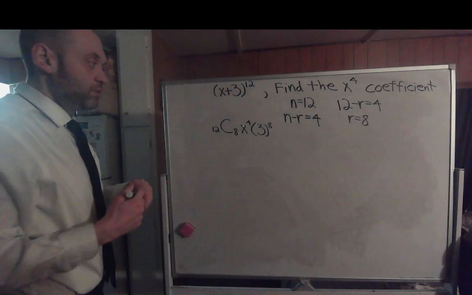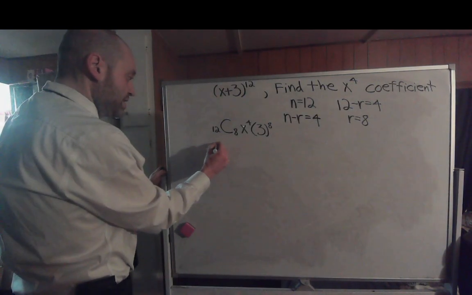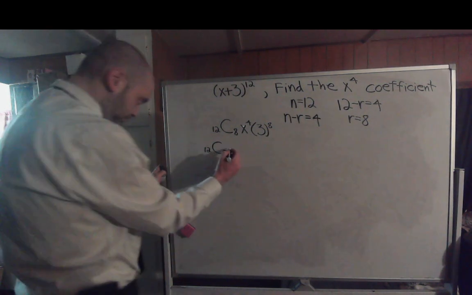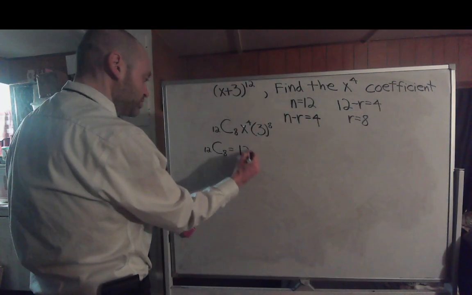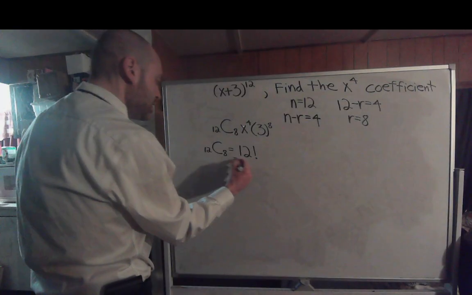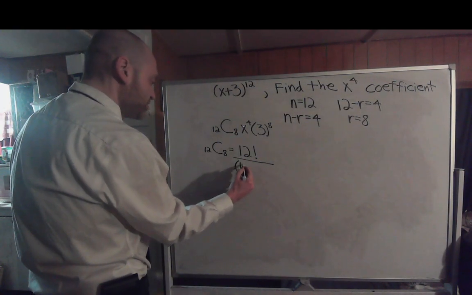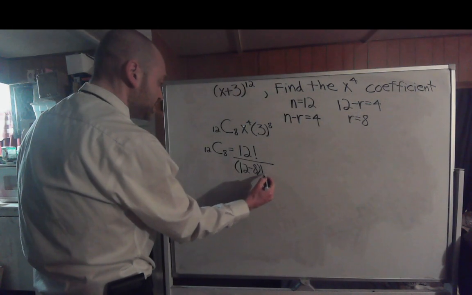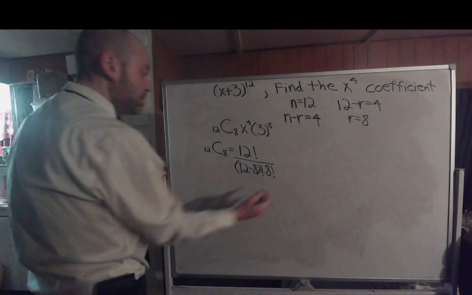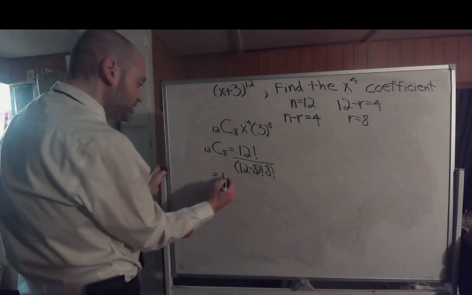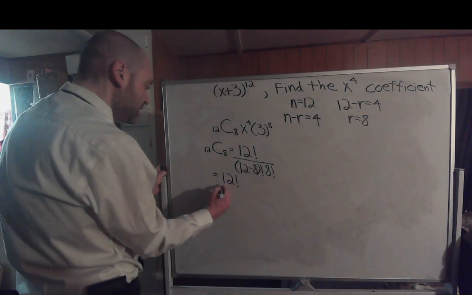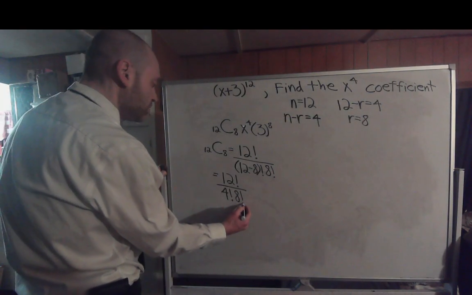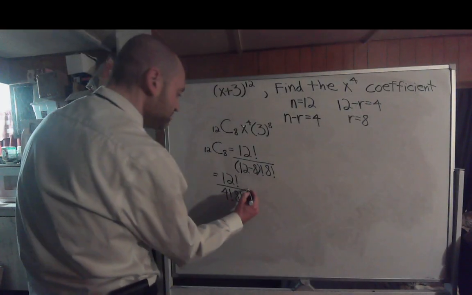So now we go ahead and do this. Let's do the combination of 12 things 8 at a time. That's going to equal 12 factorial all over the quantity 12 minus 8 factorial times 8 factorial. So this will be 12 factorial divided by 4 factorial times 8 factorial. We can simplify this more.